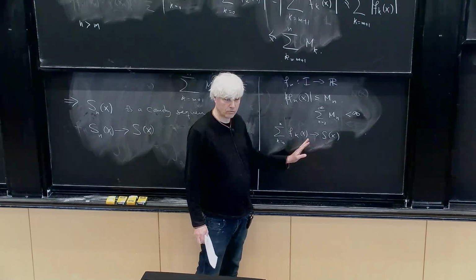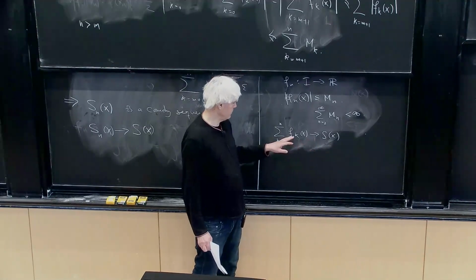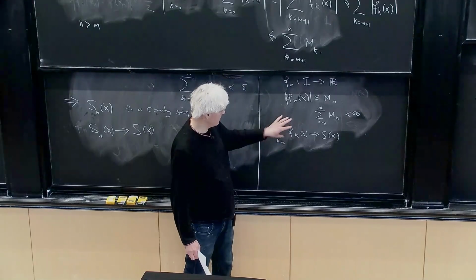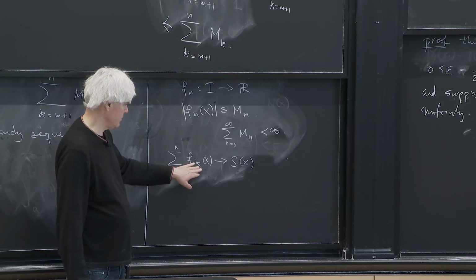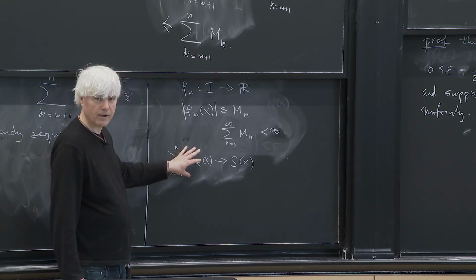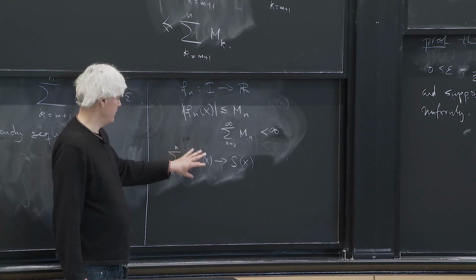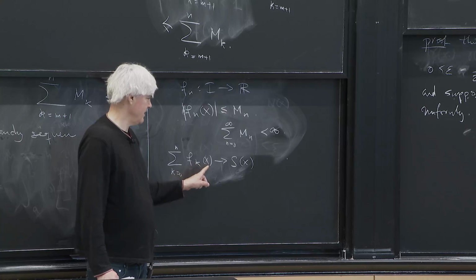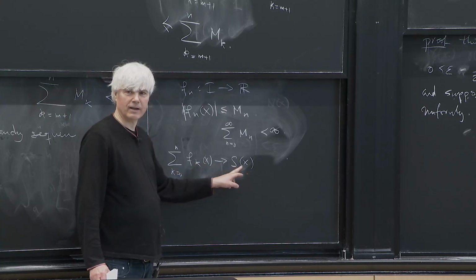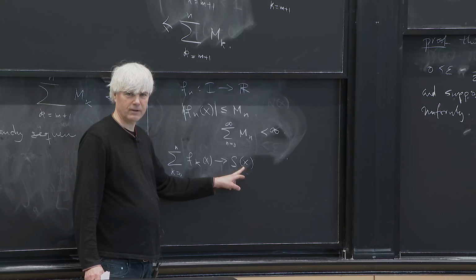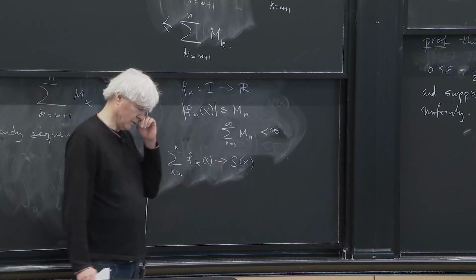In order to prove that, I proved that these sums, for each fixed x, form a Cauchy sequence. Once they're a Cauchy sequence for each fixed x, then they are convergent, and the limit I now define to be s of x. So that gives me a function.